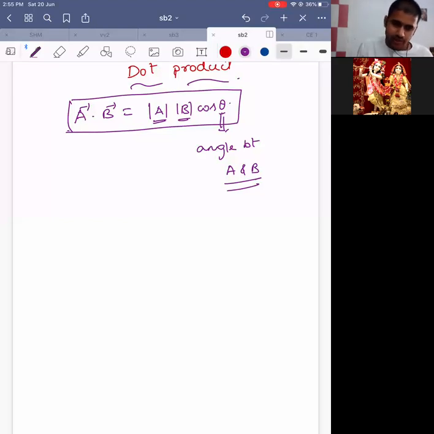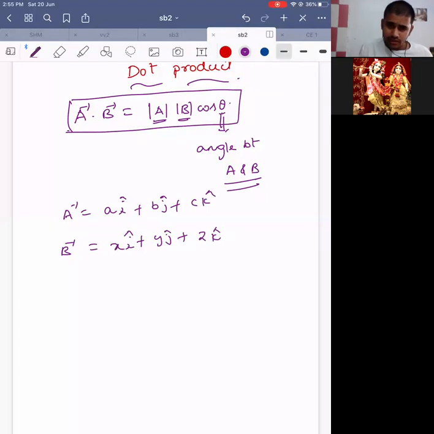The way to do the dot product. Let's see an example. A bar is equal to a i cap plus b j cap plus c k cap. B bar is equal to x i cap plus y j cap plus z k cap.